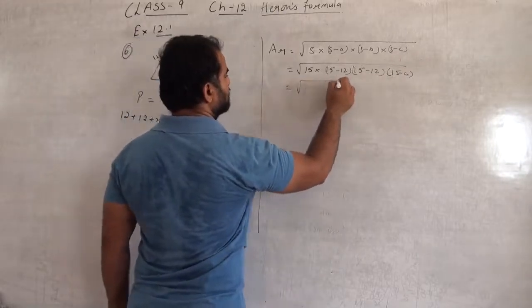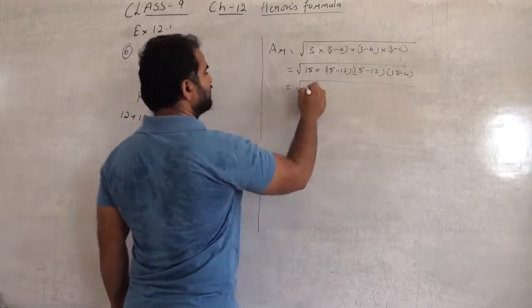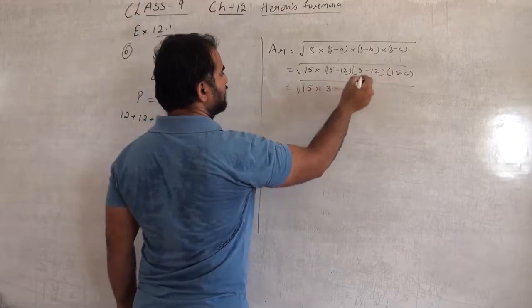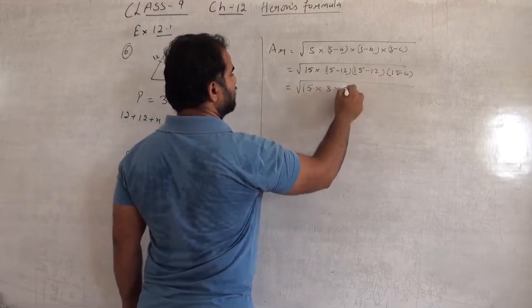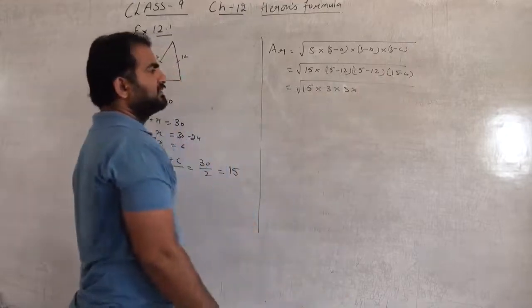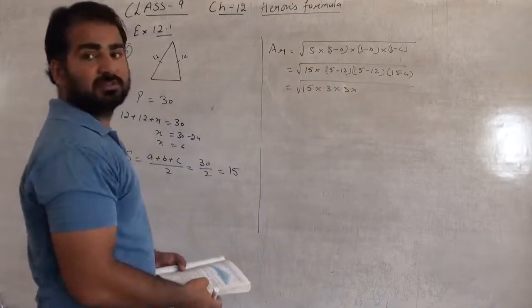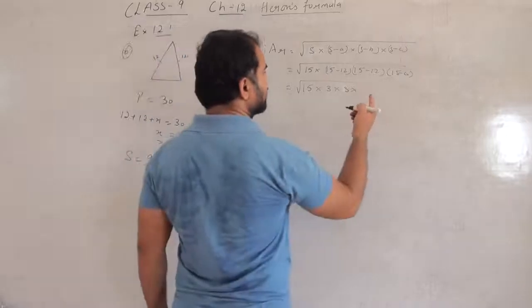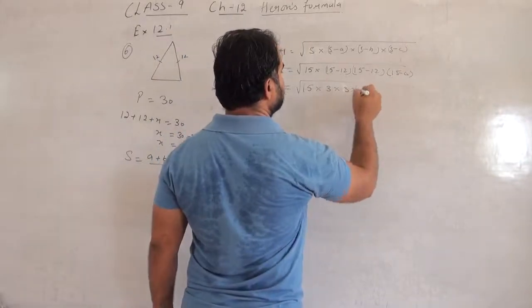Okay, so it will be 15 multiplied by 3, again multiplied by 3, and then 15 minus 6 is 9. No, 15 minus 6 is 9.